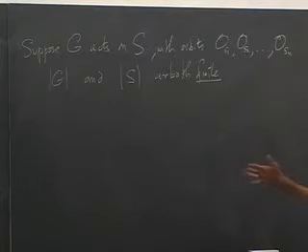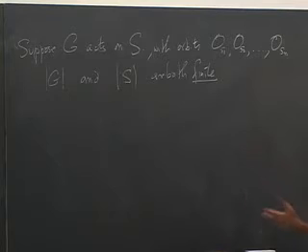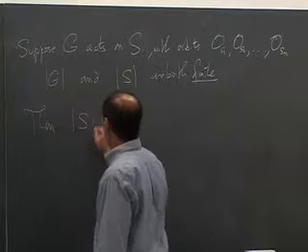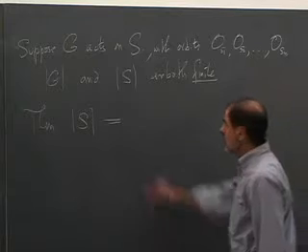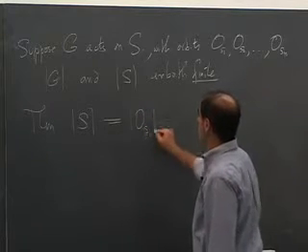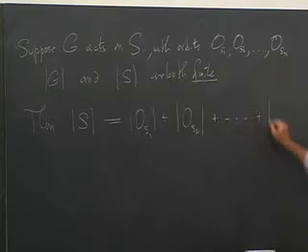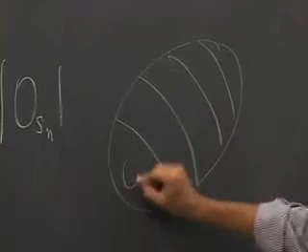So there are fewer orbits than there are elements in the set. The worst possible case is that every element is in its own orbit. And then the order of S is, of course, the sum of the size of the orbits, because the set S is itself decomposed as a disjoint union of the orbits for G.